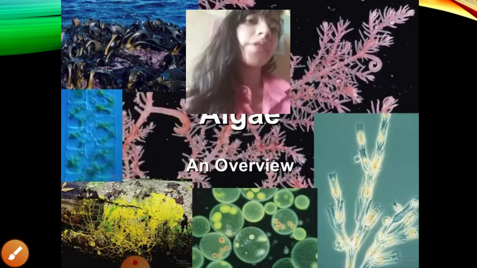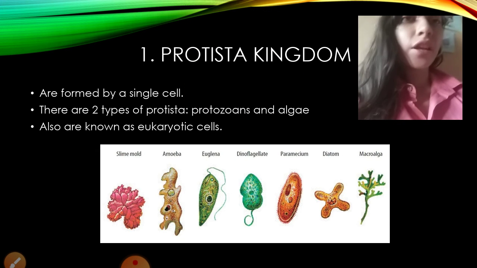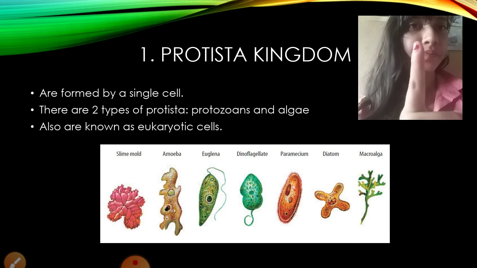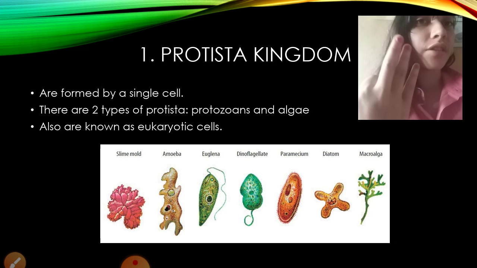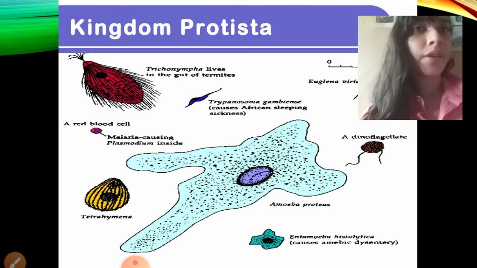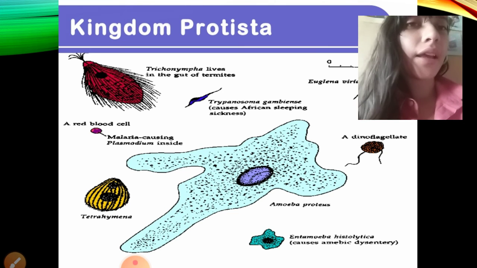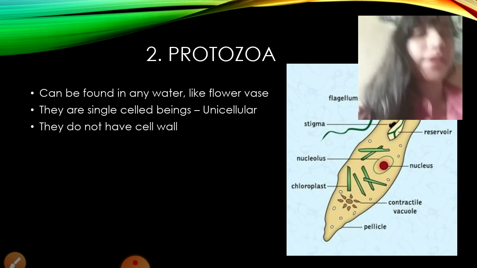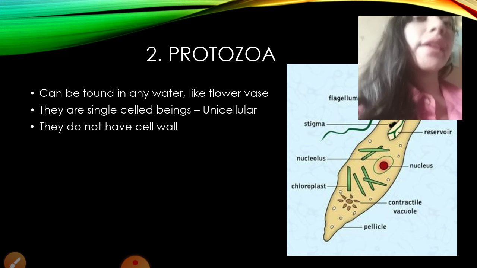So let's make a feedback of the class. The Protista kingdom is formed by only one cell, and there are two types, protozoan and algae, and they are also known as eukaryotic cells. They are unicellular because they only have one cell. And they produce sickness like sleeping sickness and malaria. Protozoa can be found in any water.